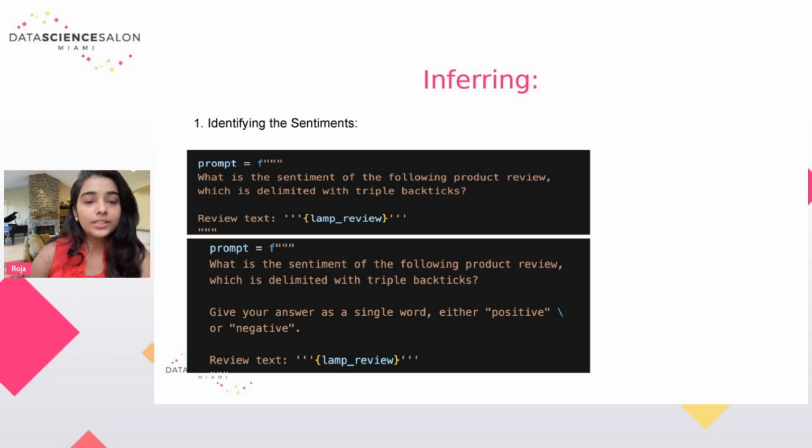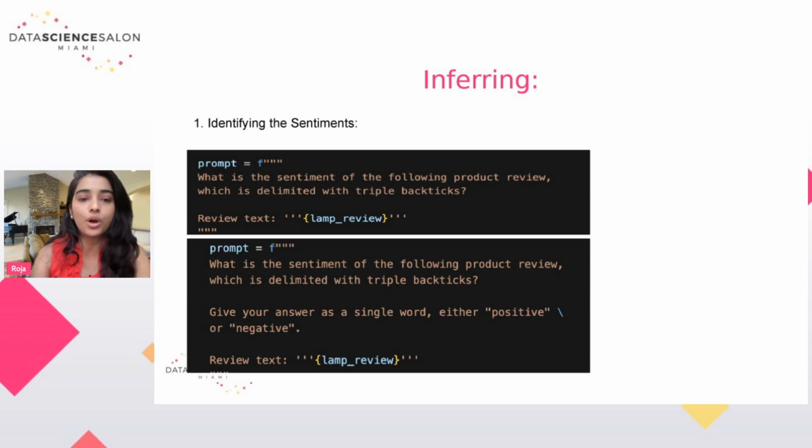And one of the things that we can also do with our prompts is inferring. Inferring is more about knowing the sentiments of the text that we have. For example, on a given Amazon website, let us say we have 150 to 200 reviews.